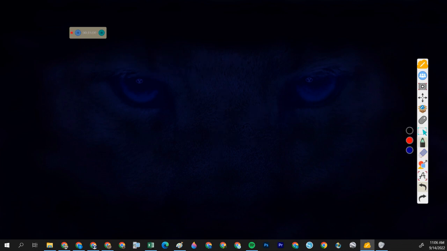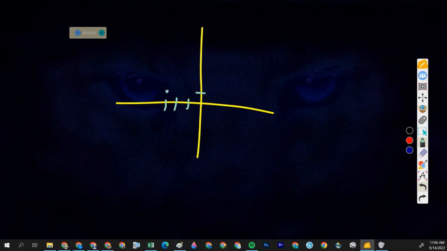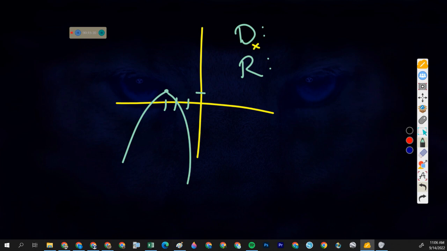Okay, and then lastly, what if I had this parabola here, and I asked you what is the domain and what is the range? Do you remember what domain is? Domain would be the x's, good. So if I draw a line through the x-axis, if I move that line around, when do I hit the graph?